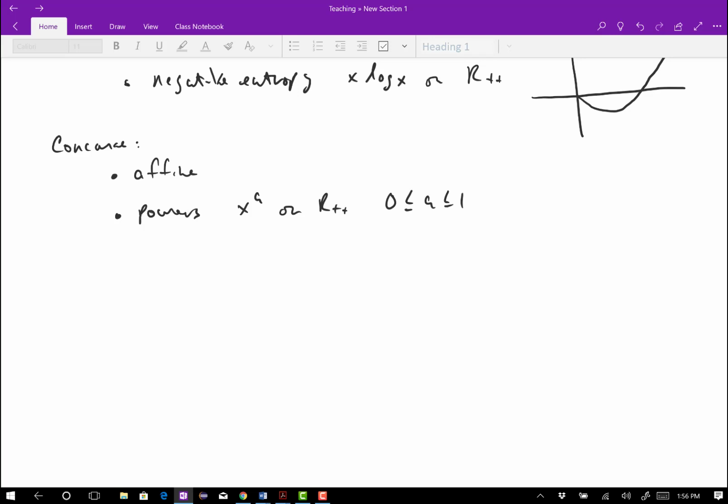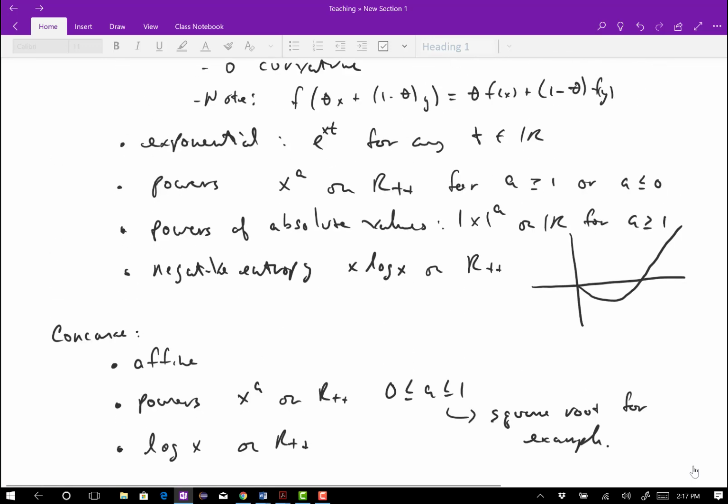So if the exponent is between 0 and 1, we have a concave function, and log x on R++ is concave. Notice that these are things like square roots. So all those examples, these are examples on R.